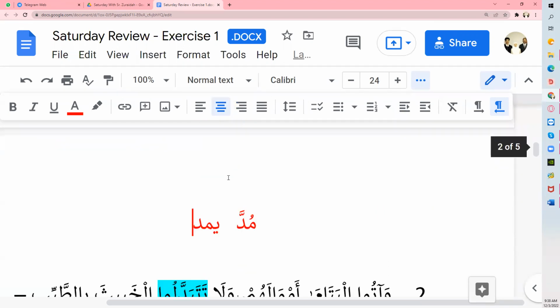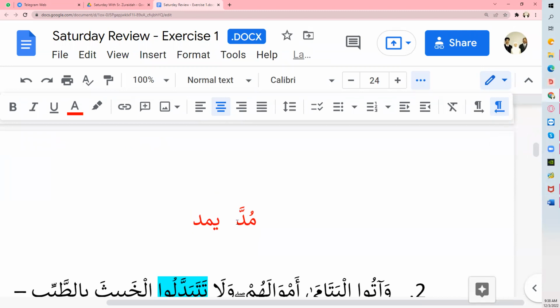Yamuddu. Whenever we have a past tense and a present tense, the past tense must always end in a fatha and the present tense must always end with a dhamma. So we know that this is u, because when it is passive, the start is always a u sound, either u-i or u-a. U-i usually for past tense, u-a usually for present tense.